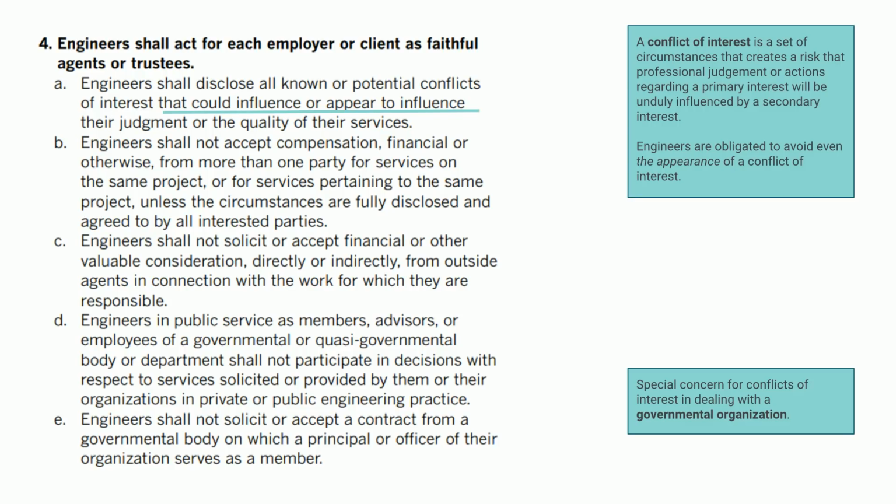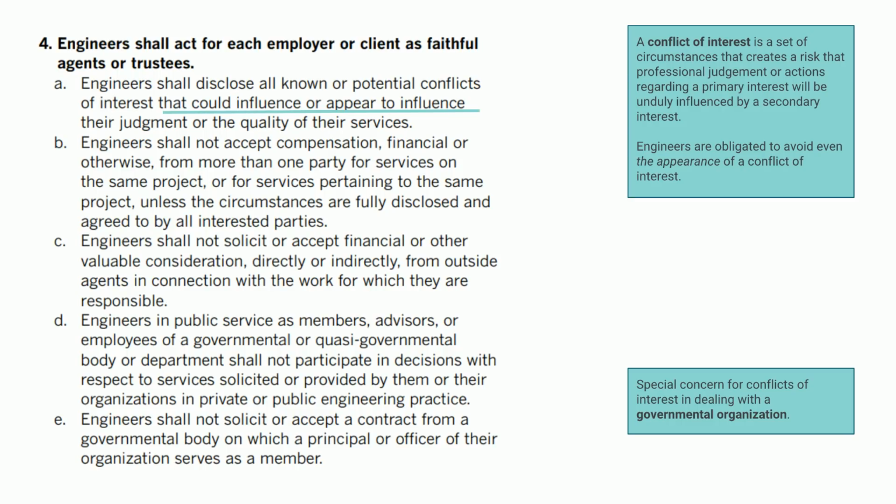So engineers shall disclose all known or potential conflicts of interest that could influence or appear to influence their judgment or the quality of their services. And here again is this appearance of influence that matters. It's not just enough that you have no conflict of interest, or that you believe that the conflict of interest isn't unduly influencing your judgment.